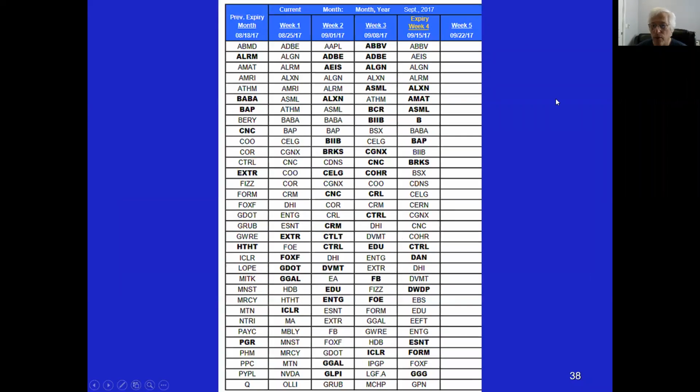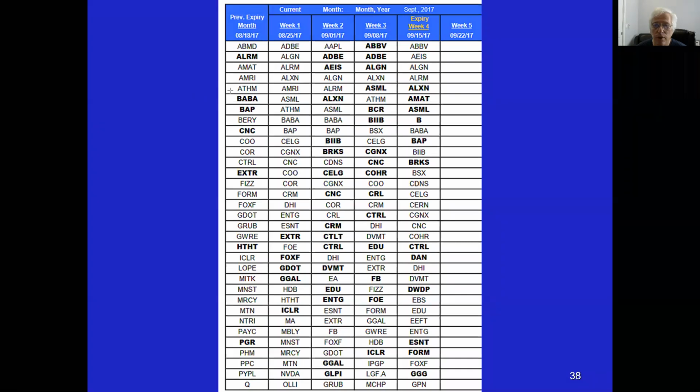We also provide to our members a list of the stocks that made our screen during the current contract month. We start with the last week of the previous contract, and then we go into the first week, second week, third week, and fourth week, and so on of the current contract month. So, for example, a stock like Alibaba over here was on the first month.